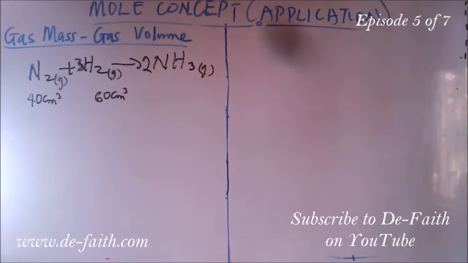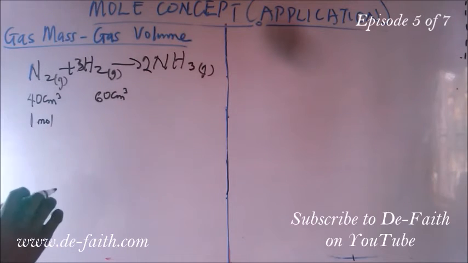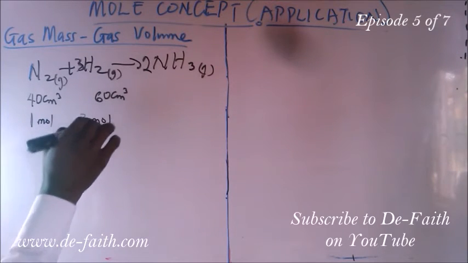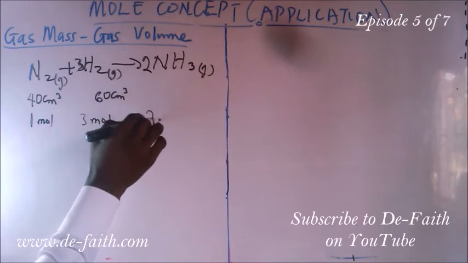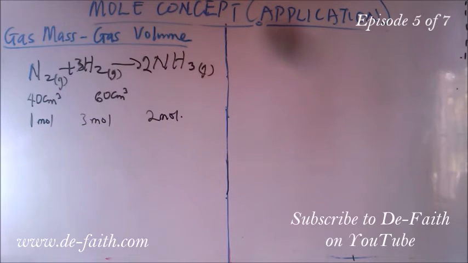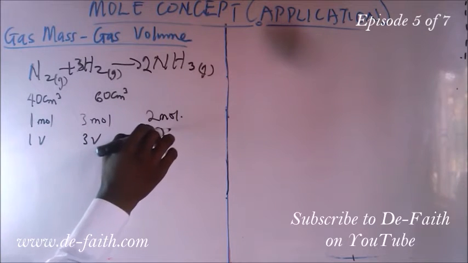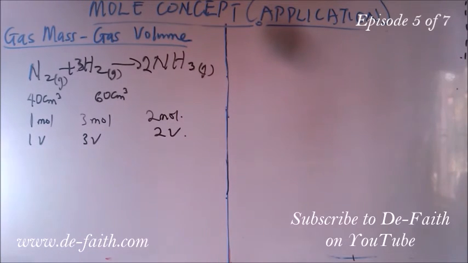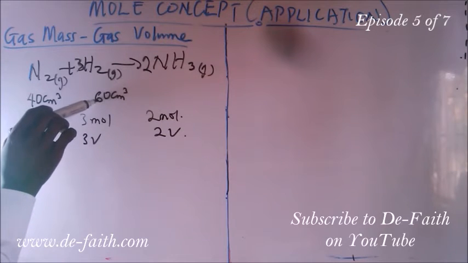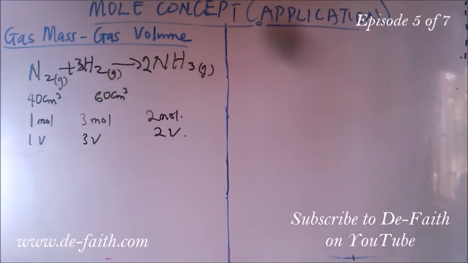Hence, the equation is balanced. Next, we need to consider the reacting moles. We have 1 mole of nitrogen, and we have 3 moles of hydrogen gas. We have 2 moles of ammonia gas, which is same thing as 1 volume, 3 volume, and 2 volumes. The next thing for us is this: 1 volume of nitrogen gas, we're given 40 cm cubed, while 3 moles of hydrogen gas, we're given 60 cm cubed.